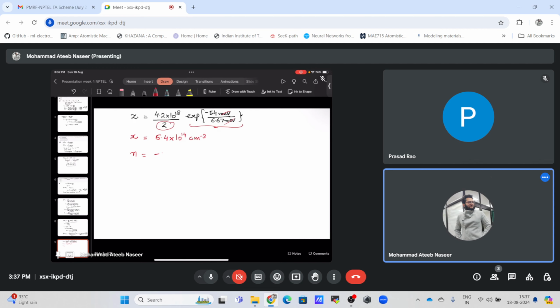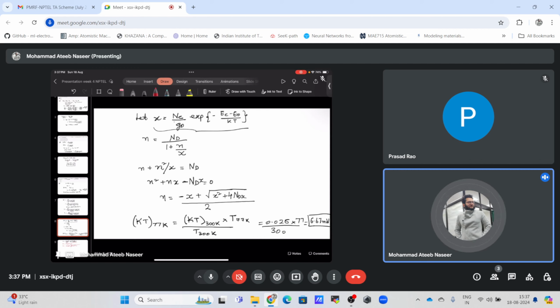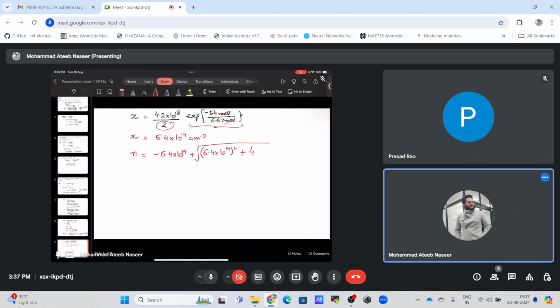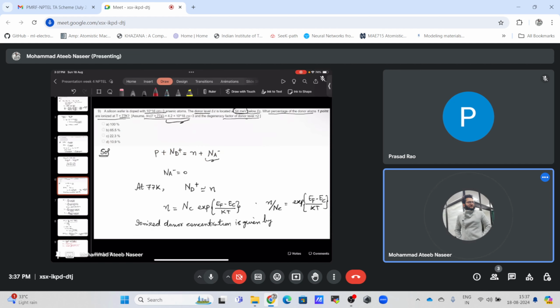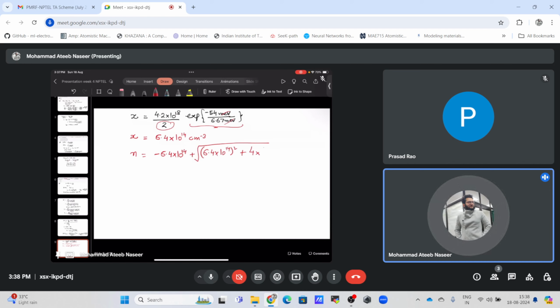Minus x is simply minus 6.4 into 10 to the power of 14, plus the square root of x square, which is 6.4 into 10 to the power of 14 whole squared, plus 4 ndx. 4 times Nd, which is 10 to the power of 16 per centimeter cube, okay, it is given in the problem, into 6.4 into 10 to the power of 14, divided by 2.